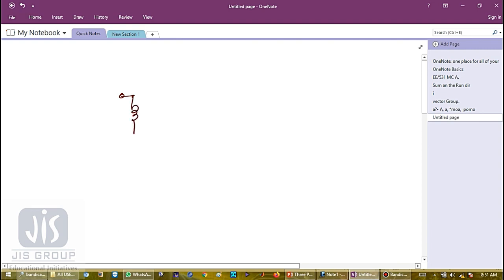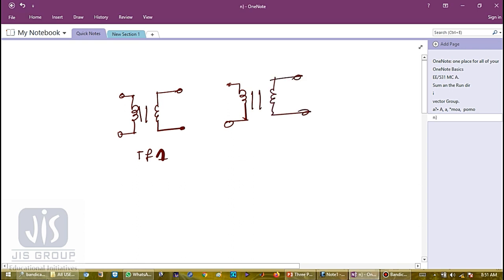So this is one transformer, this is the low voltage or secondary of the transformer, this is transformer 1, and in this fashion this is transformer 2. So now this low voltage side of transformer 1 and this low voltage side of transformer 2 are connected in parallel. Similarly, the high voltage side of this and high voltage side of this transformer are also connected in parallel.